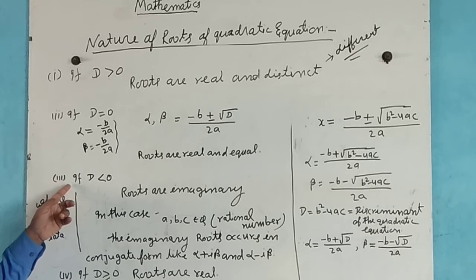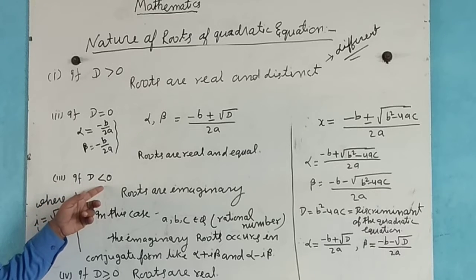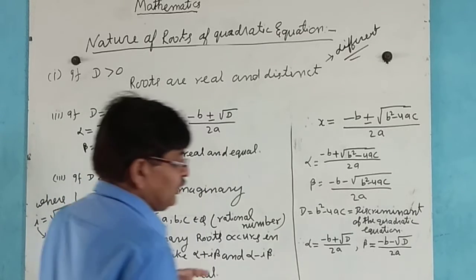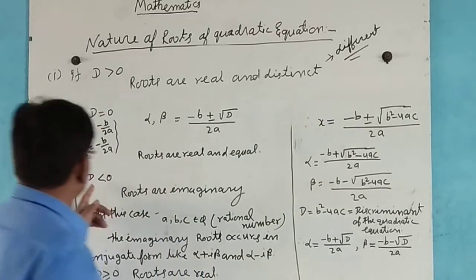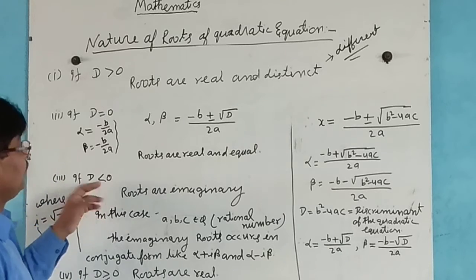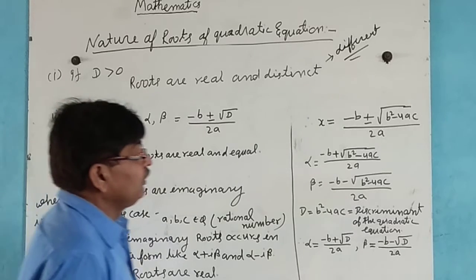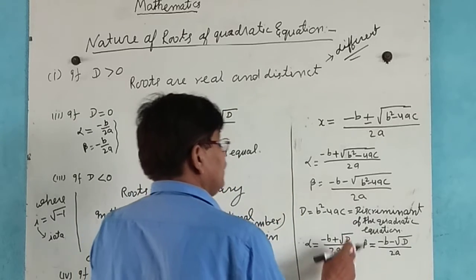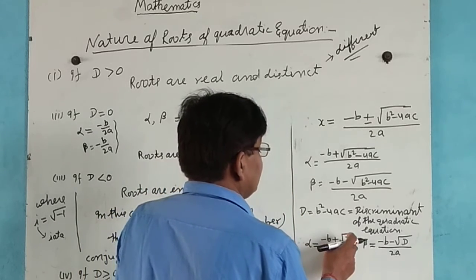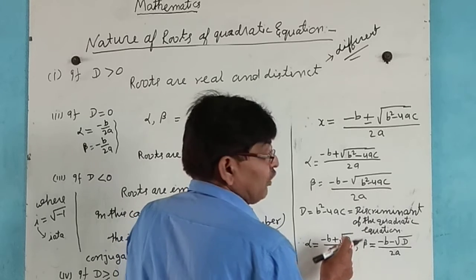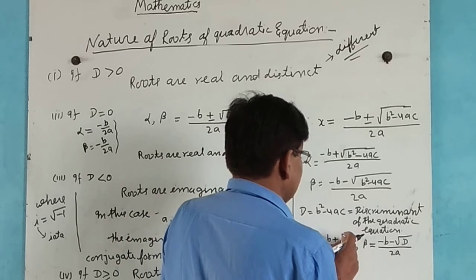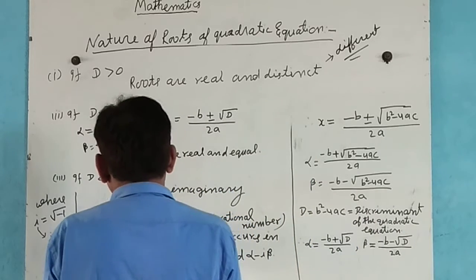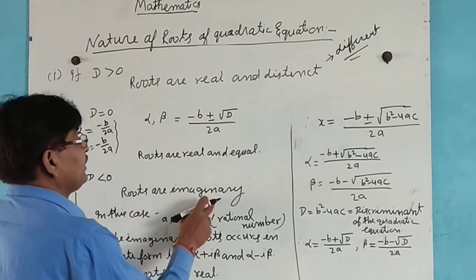In this case, third position, if d less than 0, if the discriminant of the quadratic equation is less than 0, it means that this quantity under root becomes negative, so that roots are imaginary.